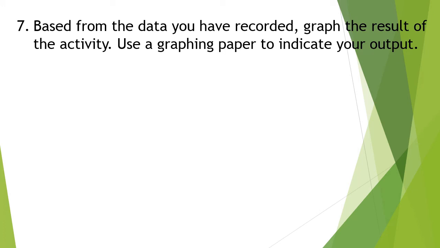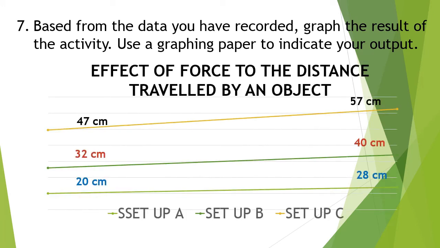So for the sake of this presentation, I have assumed some data for projection purposes. Okay, so there you can see at the bottom part of the graph the coded setups. So yellow-green for setup A, green for setup B, and yellow for setup C. The two connecting points represent the two trials.